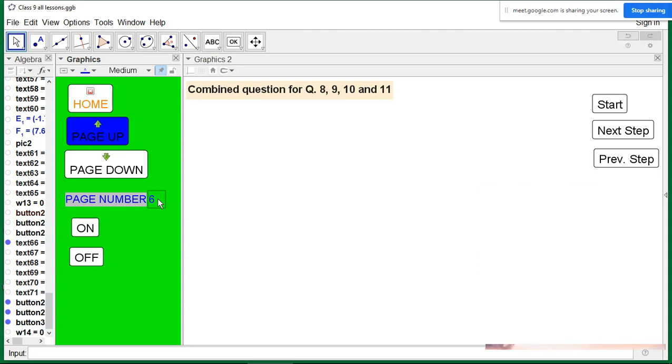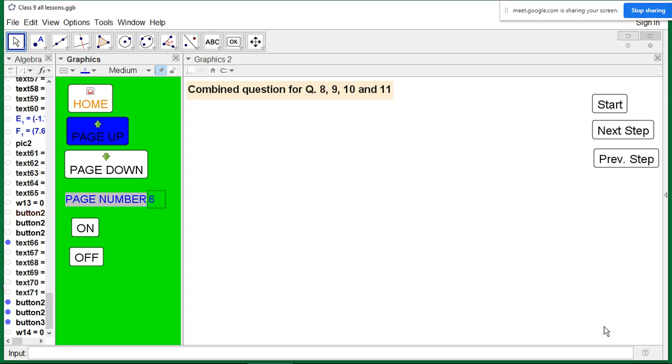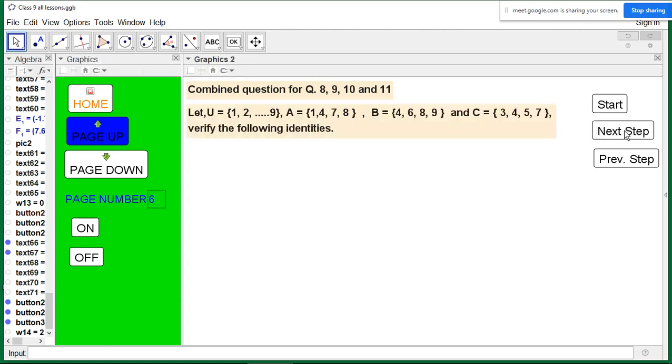That's why this is the combined method of solving questions 8, 9, 10, and 11, because in questions 8, 9, 10, and 11, the relation of three sets is given. Now you can see, suppose we have given a question. This is not exactly the question from 8, 9, or 10, but a combined question that I will show.